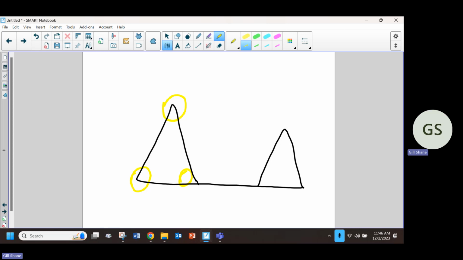On the last quiz, a lot of kids are still getting confused about which angles add up to 180. Sometimes kids are saying just two.